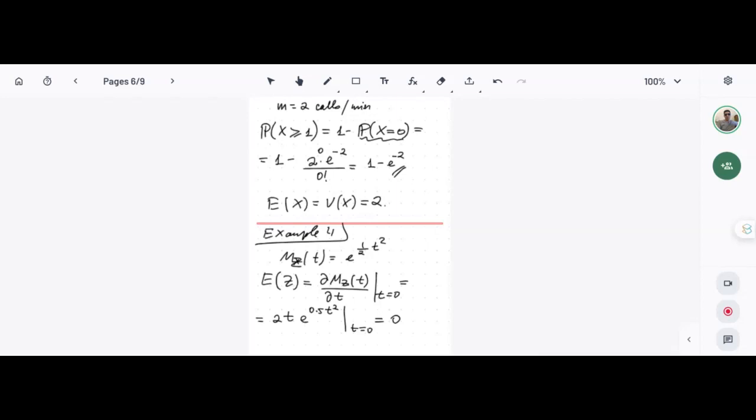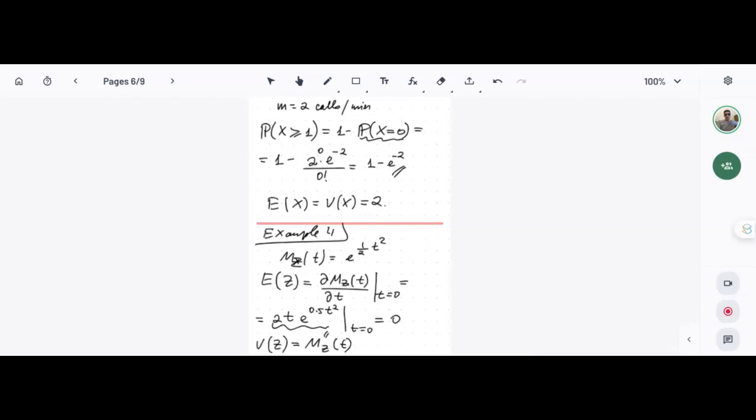And then to find the variance of z, you have to take the second derivative. I don't want to spend time on this, so you take the second derivative of this function. Here you have to use the product rule of derivatives, and I don't want to spend time on that. I hope you know that.